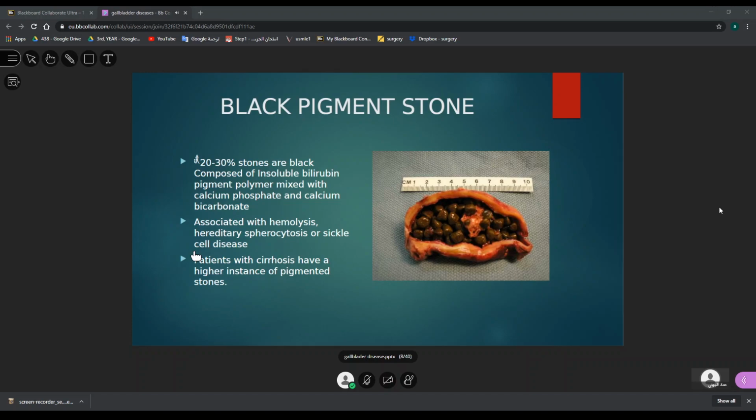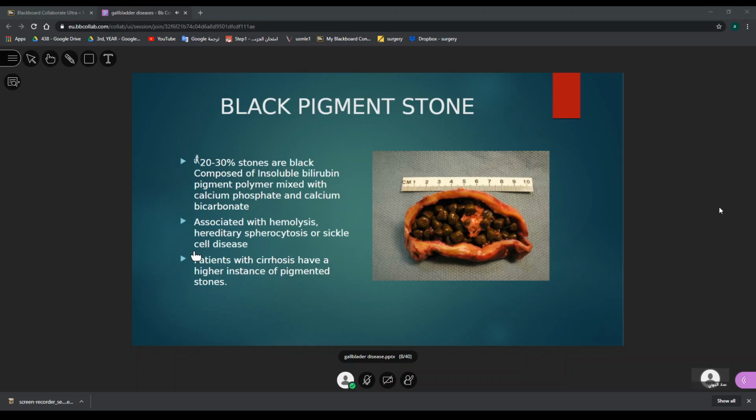Any patients who have, let's say, sickle cell anemia or hereditary spherocytosis have high risk of hemolysis, and those having hemolysis will have black pigment stone. Patients with cirrhosis have a higher incidence of pigmented stone. As you can see, the gallbladder stone is black.